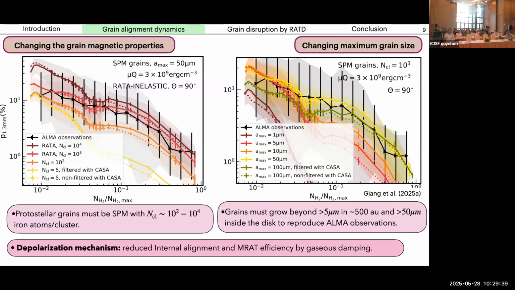Very luckily, it reproduced the observations rather well. But this is just statistically for 10 young stellar objects, and in reality we have many kinds of young stellar objects and everything is different. So this is a potential mechanism, but we want to test more, so we can work more on different objects. Can I have a technical question here?